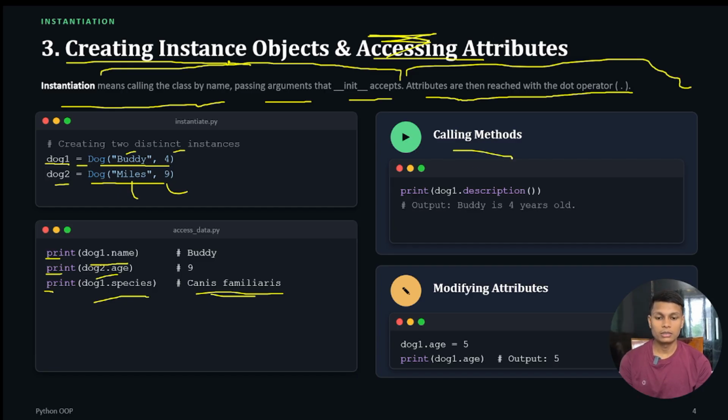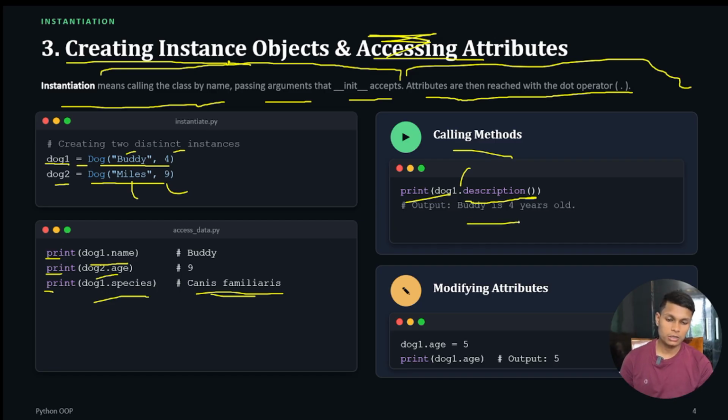So calling a method is simple, like print dog1.description. You know that this is the way to call a function, and in OOP you are using dot. After dot we write the method name. It will give you the result for dog1, the data of dog1 will be printed.